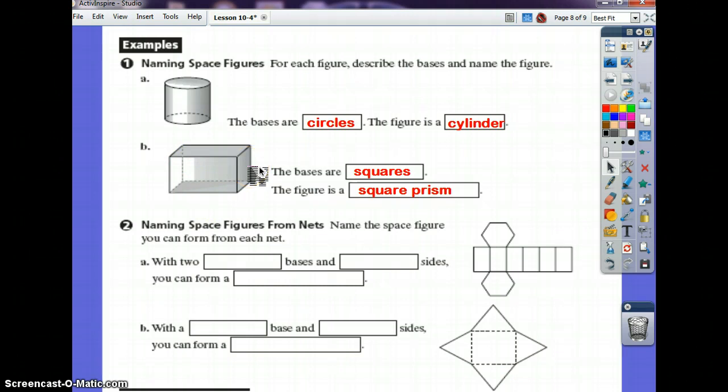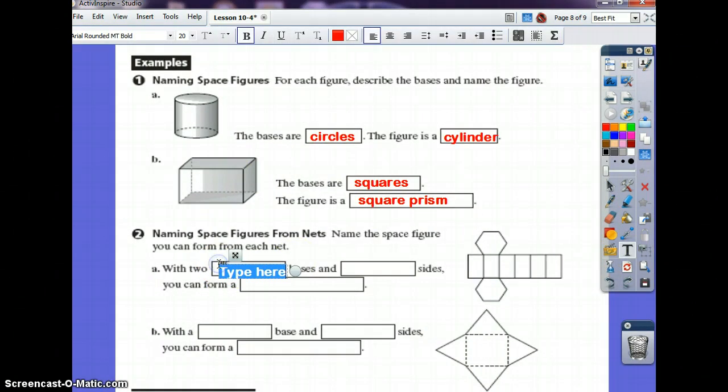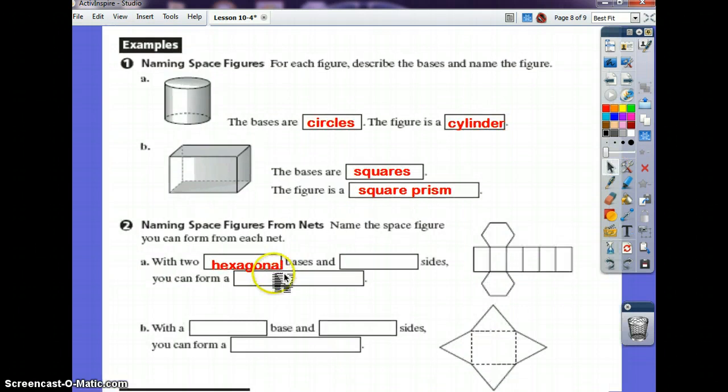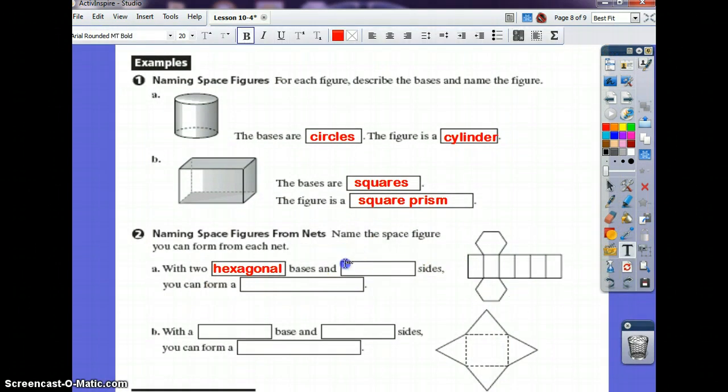Now, as we look at example 2, we think through a very similar process. We look at the shape of the bases, and how many bases there are to help us name that space figure from the net. So in the next figure, I can see that it has two hexagons. So it has two hexagonal bases, and it has rectangular sides.